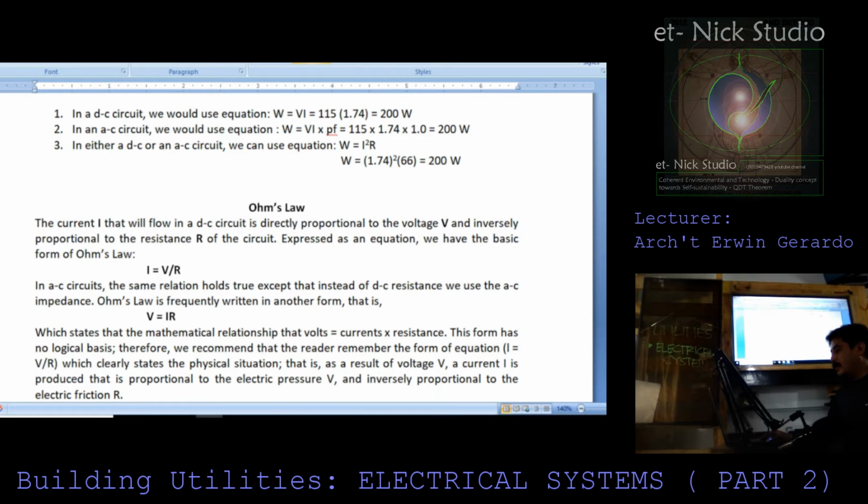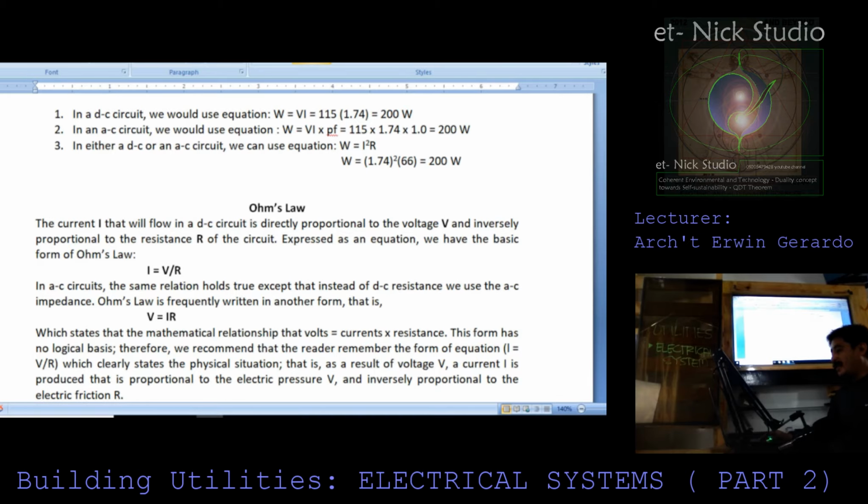Expressed as an equation, we have the basic form of Ohm's law, I equals V divided by R. In an AC circuit, the same relation holds true except that instead of DC circuit resistance, we use the AC impedance.